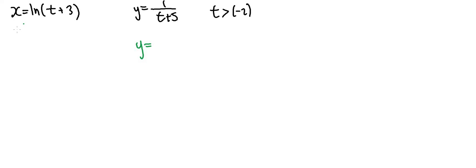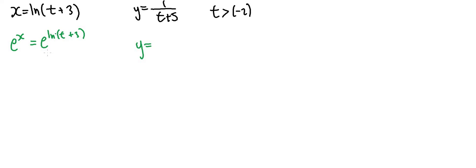Right, so we've got x in terms of t, so now we need to write t in terms of x. What have we got? We've got x equals the natural log of t plus 3, so if we raise e to both sides, we've got e to the natural log of t plus 3.